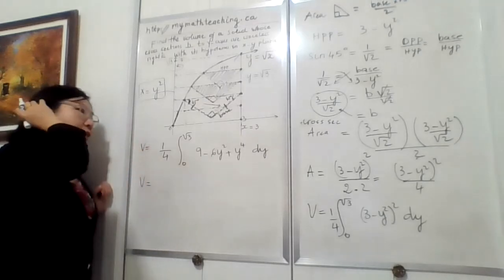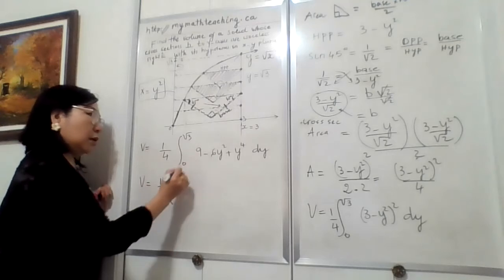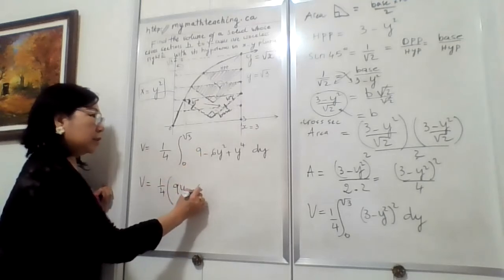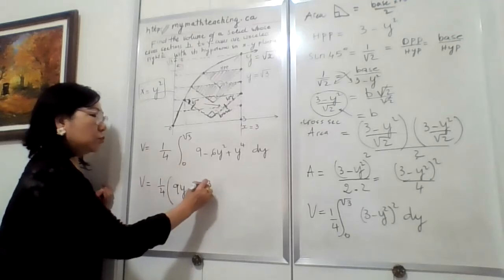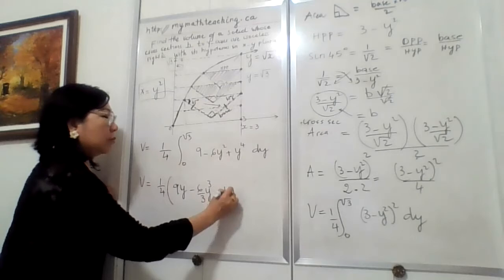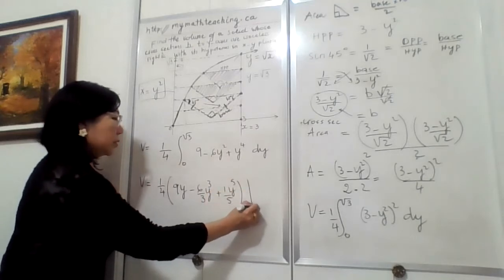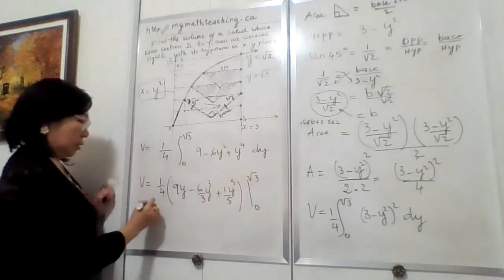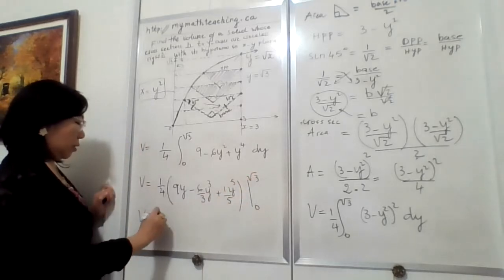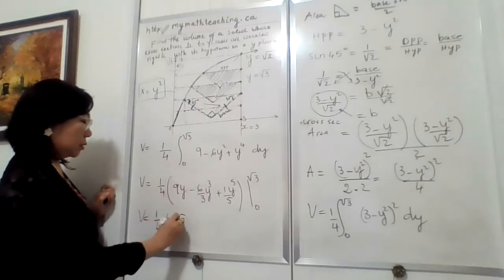So now I'm going to do the integration, which is the antiderivative. So the antiderivative here is 1 over 4 outside. 9 will become 9y, minus 6 divided by 3 times y to the power 3, adding 1 over 5 times y to the power 5, and we'll evaluate it between 0 and square root 3. So volume will be equal to 1 over 4, 9 times square root 3, right?